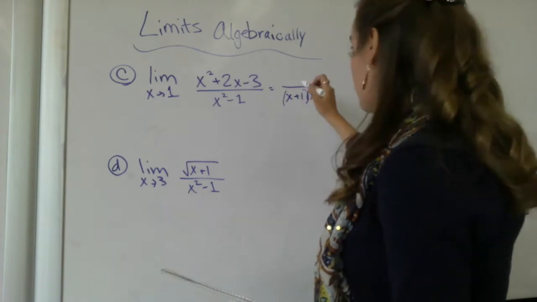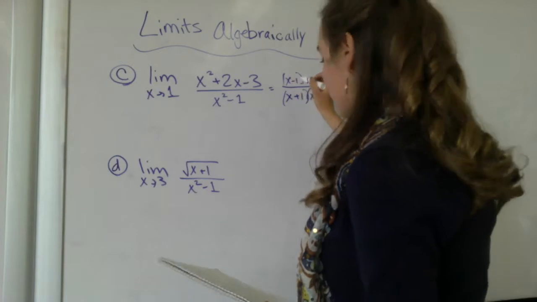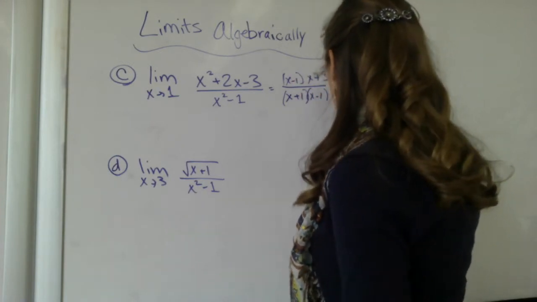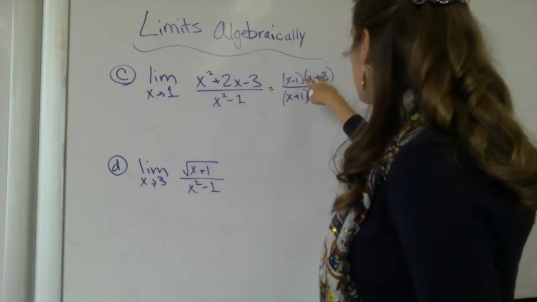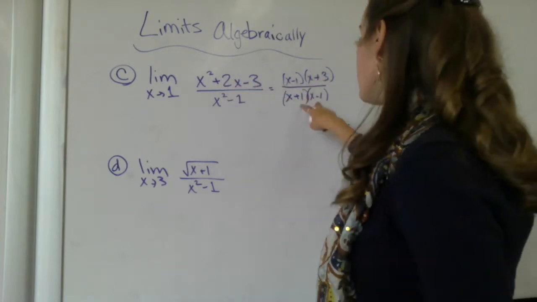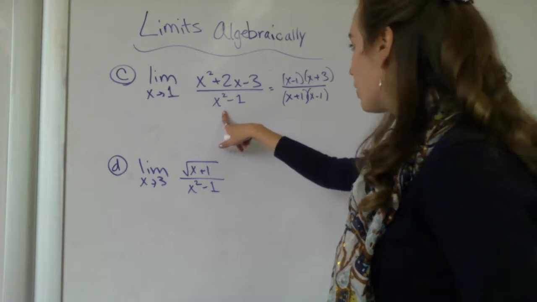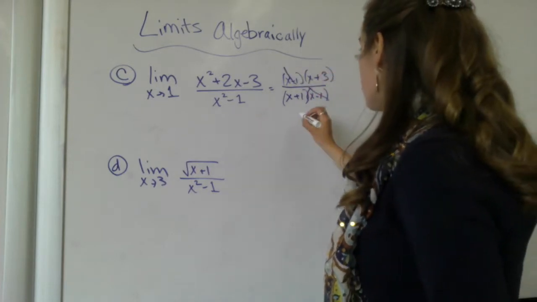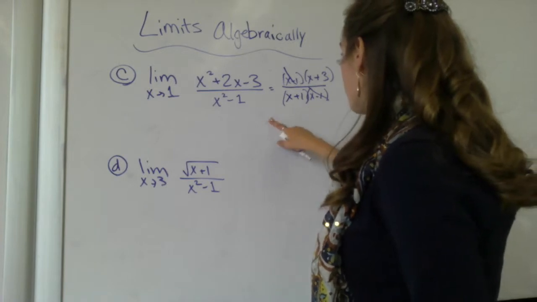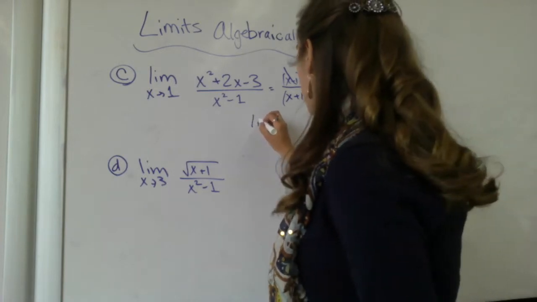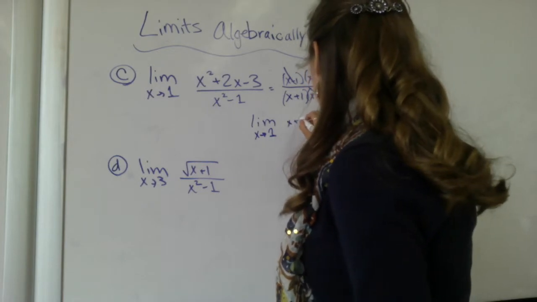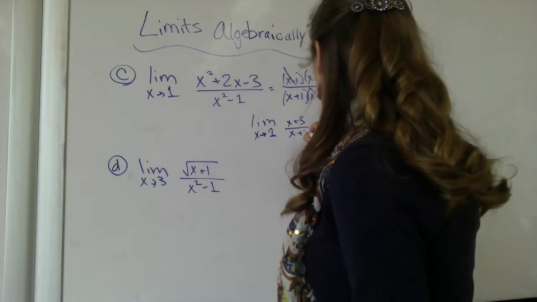And your top breaks down to x minus 1 times x plus 3. If you multiply these times each other, you get this equation. And if you multiply these times each other, you get x squared minus 1. So when you get to this, you know that you can cancel out these. That leaves you with the limit as x approaches 1 of x plus 3 over x plus 1.